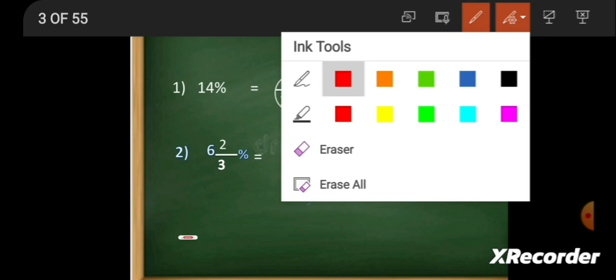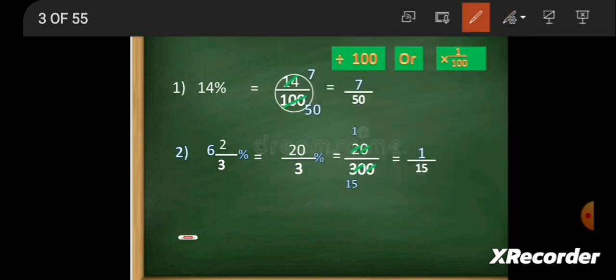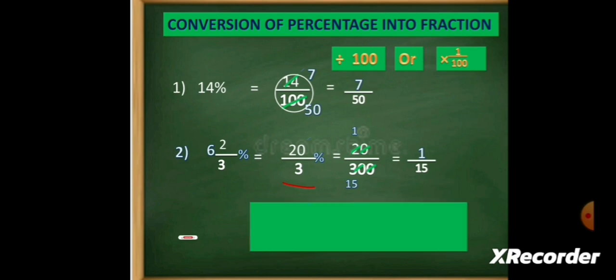लोग ज़्यादातर फ्रैक्शन परसेंटेज में गलती करते हैं. They forget to write 100 down. They simply write this 20 upon 3, and that is a final answer for them. To avoid this mistake, we will solve it by another method. What is that?